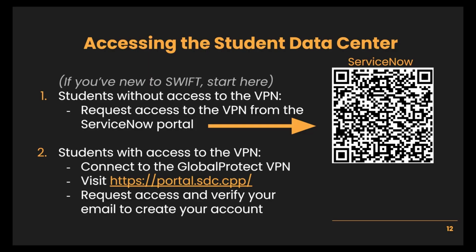This QR code is the only public facing link that you can access without the VPN. Once you scan the QR code, you can submit a ticket to IT, and after you get a response from IT, you can install Global Protect, and then using your CPP credentials, you can get access to the VPN.